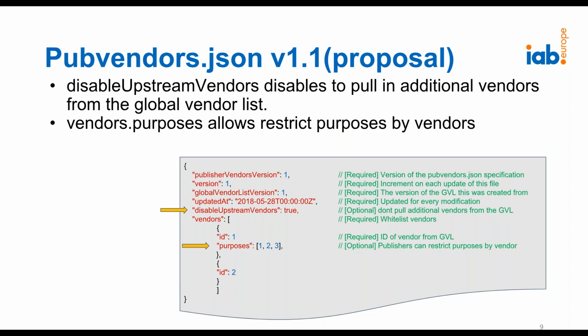So they can overwrite this through this file, and then Quantcast can crawl the file on the domain, get the information, and then we know we only have rights for 1, 2, and 3, and not for 4 and 5.